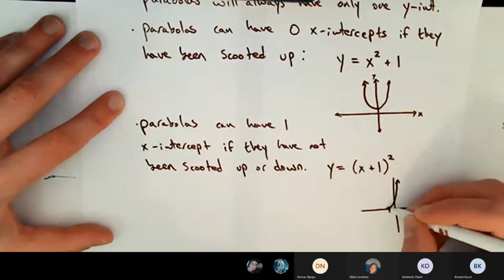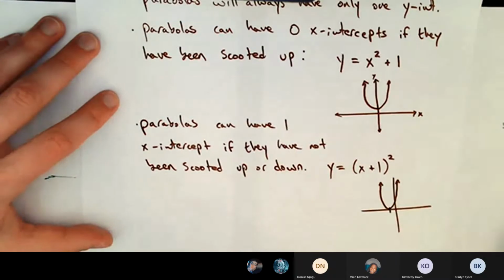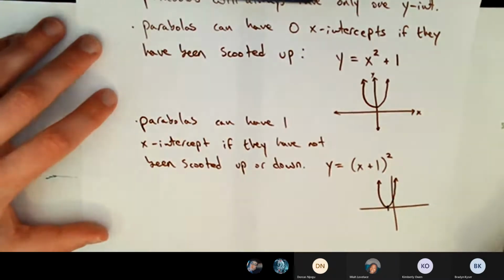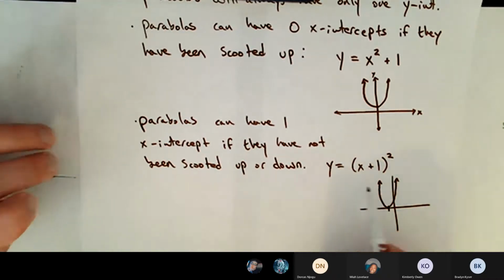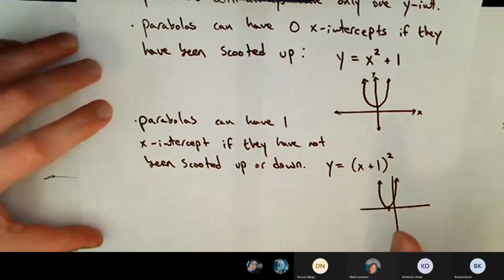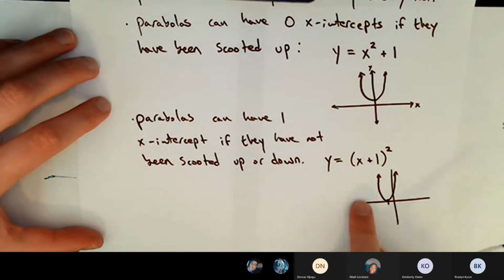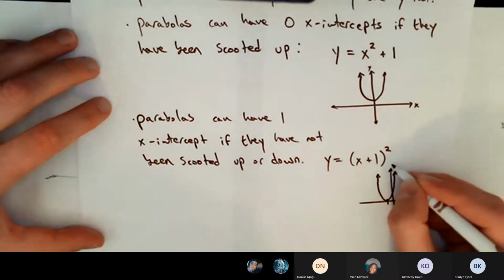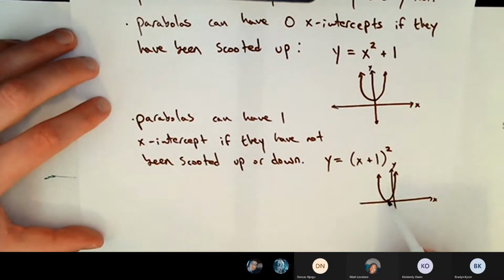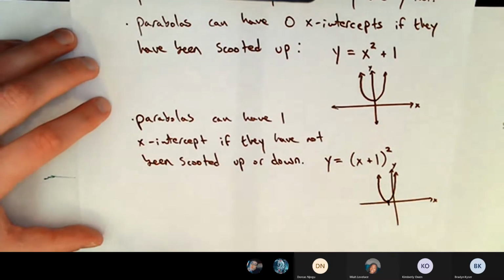We're going to really talk about that later, about this whole scooting thing. But the point I want you to note right now is that this would only have one x-intercept because it's riding right along the x-axis. So it's only going to cross the x-axis in one spot, right at the tip, or the bottom, of the parabola.